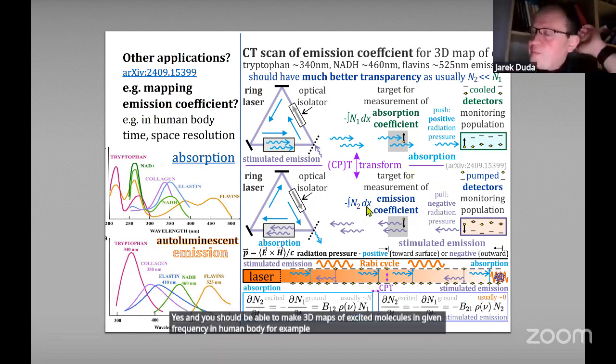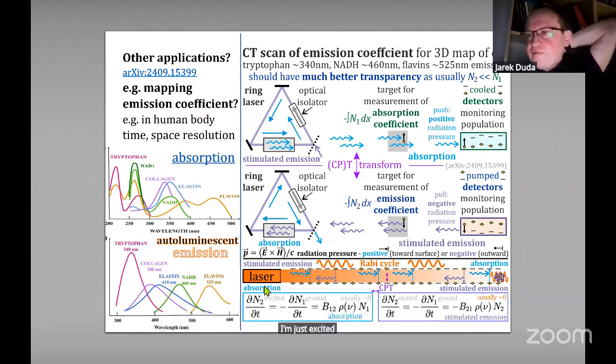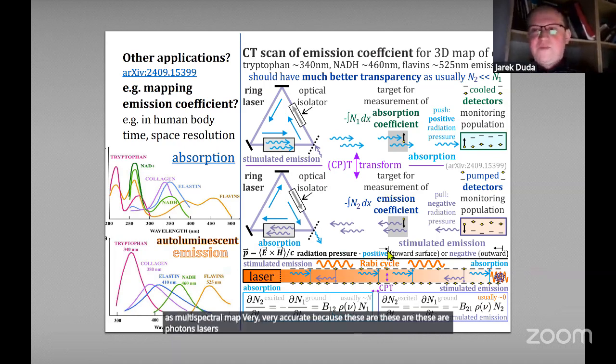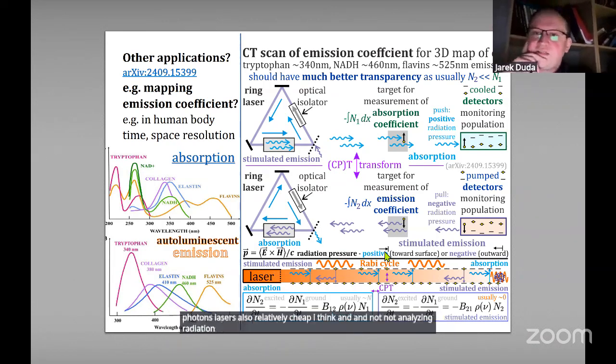There are many molecules which are excited in the human body, for example these autoluminescent molecules, which are excited through the biochemistry of life, like NADH. So I think with this kind of CT scanner of emission coefficient, you should be able to do a kind of color Röntgen, a multispectral map, very accurate, because these are photons, lasers, and relatively cheap, I think, and not ionizing radiation, so it should be much healthier than standard CT.